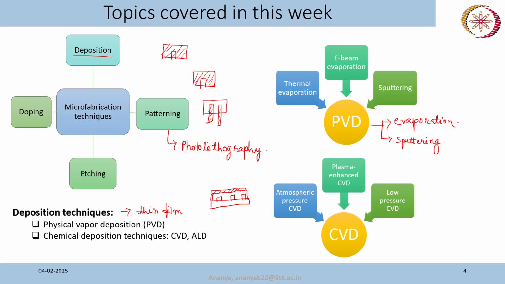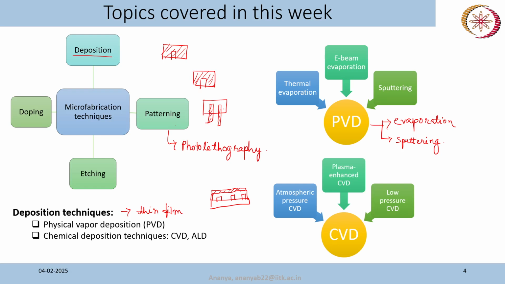We change the state of the material which is in solid form. We melt it first and then we vaporize it. So first of all we have to provide a lot of energy so that it melts and goes to its vapor phase.